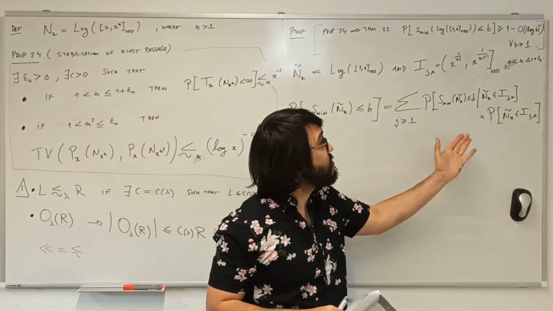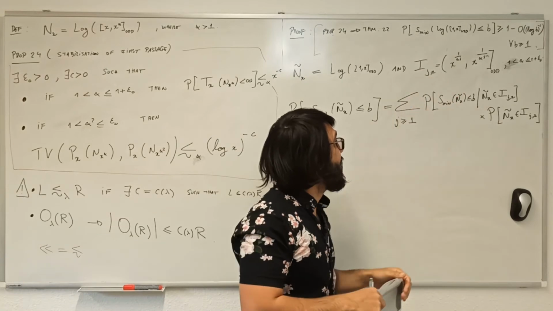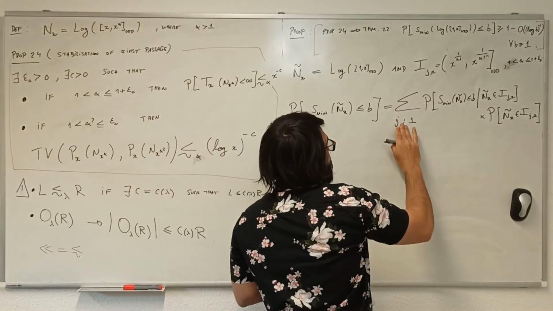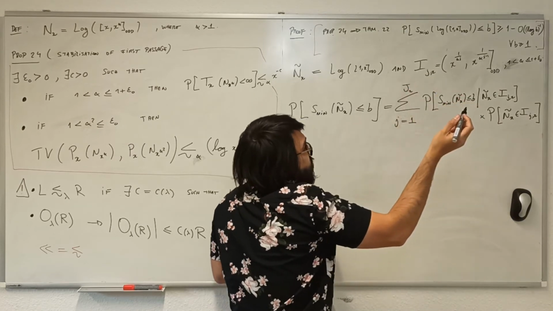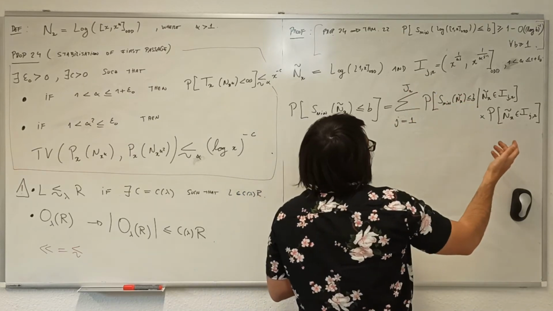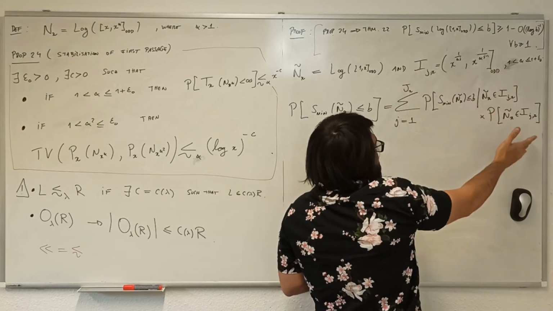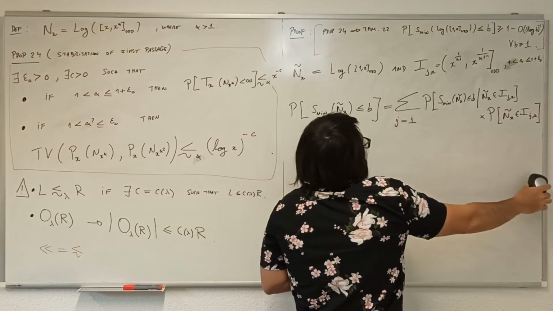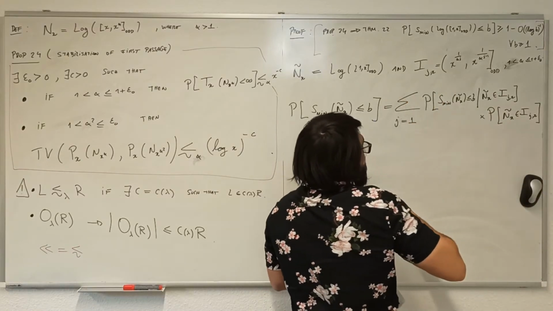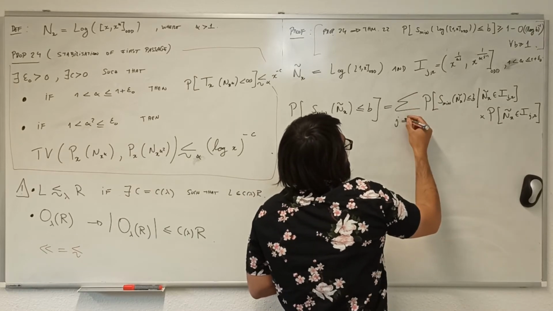Therefore, I can use conditional probability. And this sum actually ends at some point, of course, at a certain j of x. The rest of the intervals are empty, which means that this probability is 0. So I could just sum up to infinity, but there are only finitely many non-zero terms.